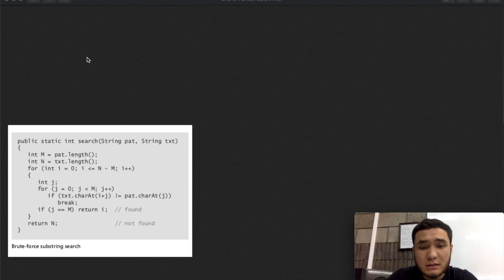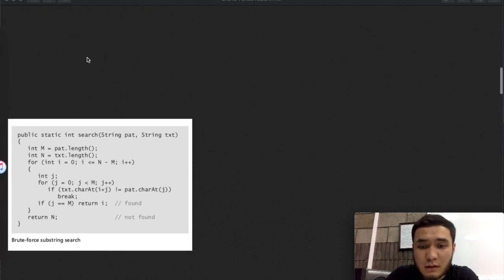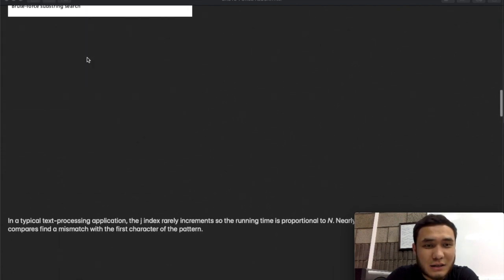The pattern does not occur in the text, and our convention is to return the value N in that case.